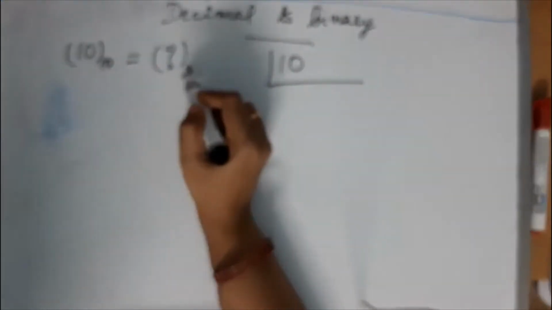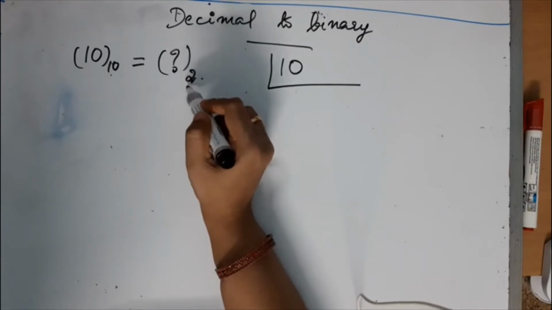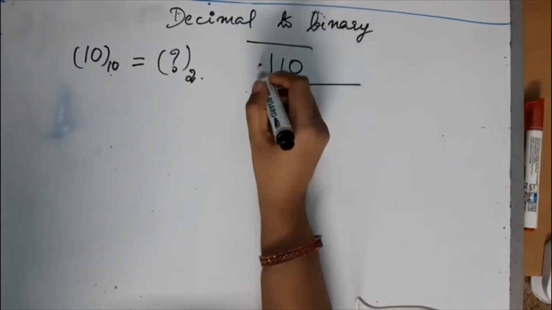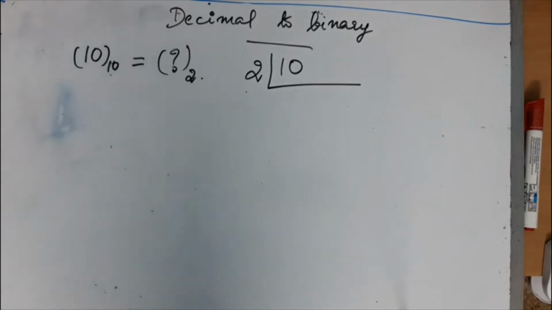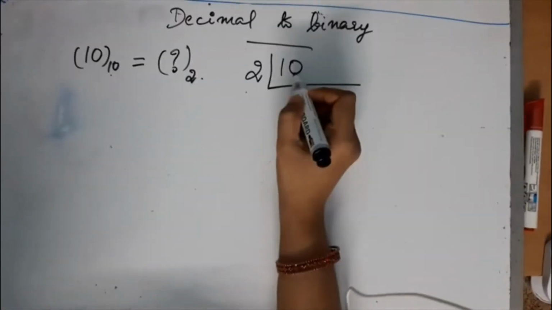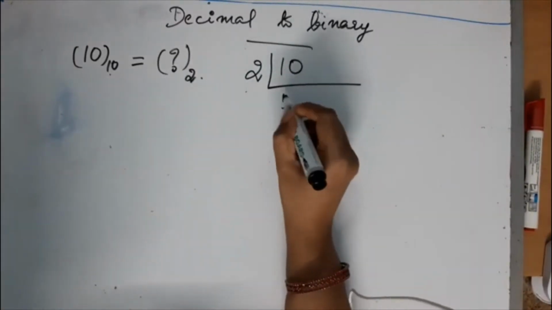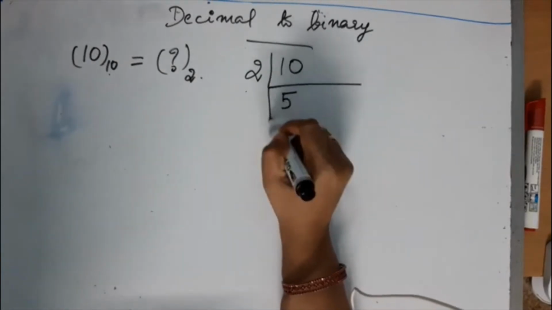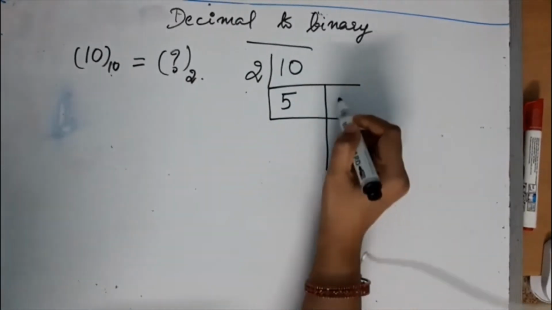In order to convert decimal to binary, we will divide this decimal number continuously with the binary base. The binary base is 2. So 10 divided by 2 is 5. Quotient is 5 and remainder is 0.